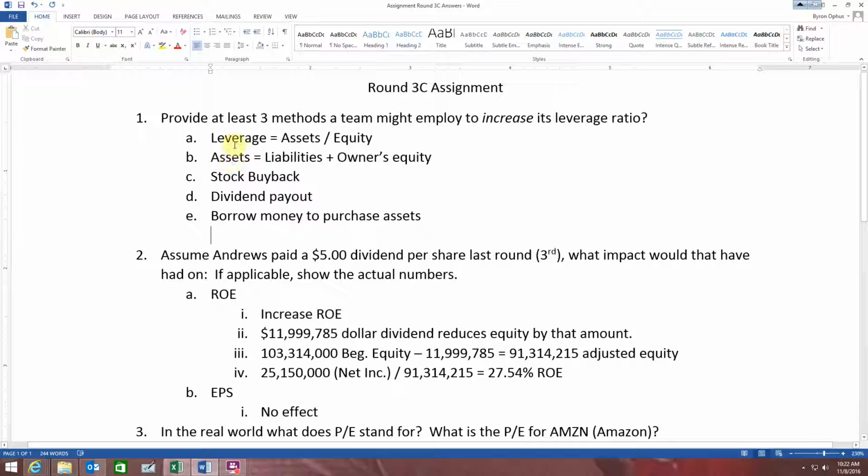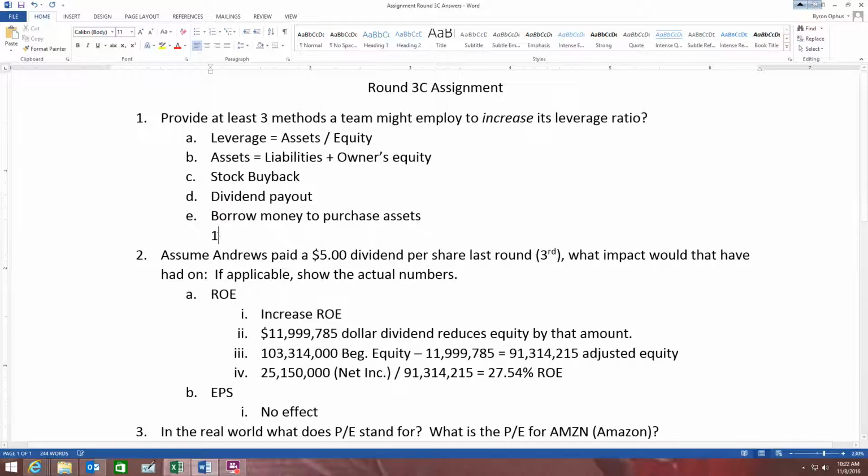In this case, we're going to increase our assets, we're going to increase our liabilities, but our owner's equity is going to stay the same, right? Because borrowing money and increasing assets, those two elements increase by the same amount.